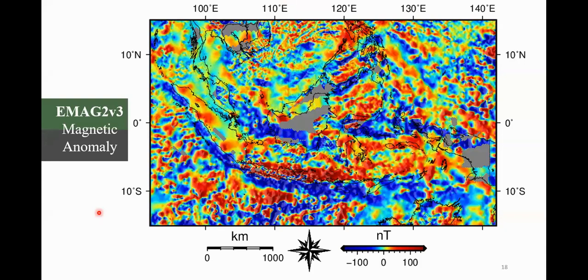So here is the magnetic anomaly field, and as I explained to you before, these magnetic stripes allow us to know in which direction the oceanic crust was generated, as the stripes are generated at both sides of the oceanic spreading ridge.